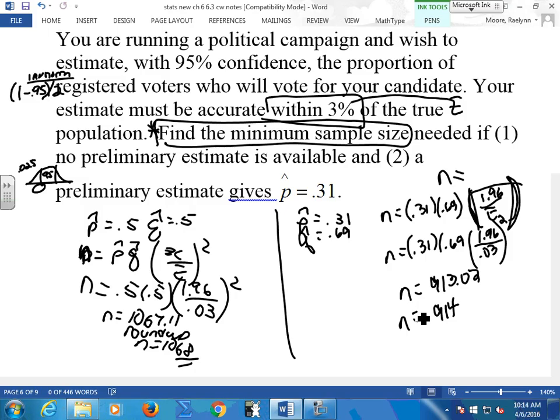So now I can use 31%, 69%, and come within that sample. And I want to do this again. So sometimes you have a preliminary, sometimes you don't. And that only happens with your sample size. But this is key. These are the words you want to look for: find the minimum sample size.